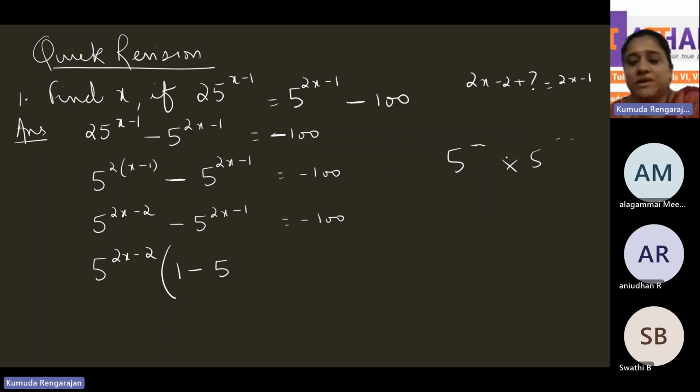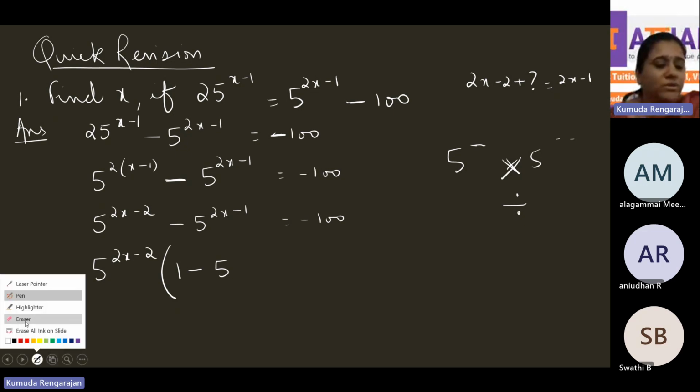If it is multiplication, then you can add the powers. If it's division, you can subtract the powers. Correct? When base are same and it's division, we can subtract the powers. Here it is minus. You can only take out common. Now, which one is common? Any one of the two you can take out common. I'll do it both the ways. Don't worry as to which is common.